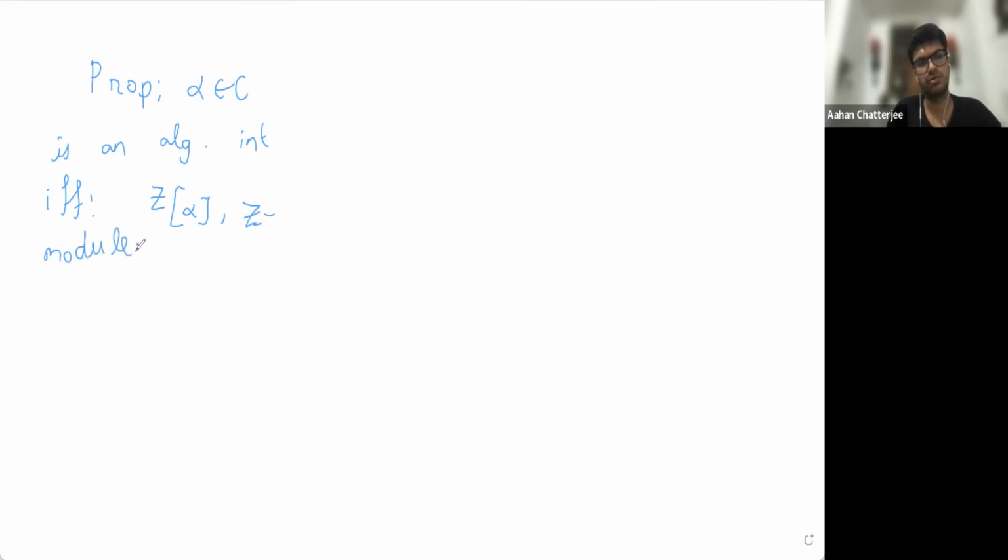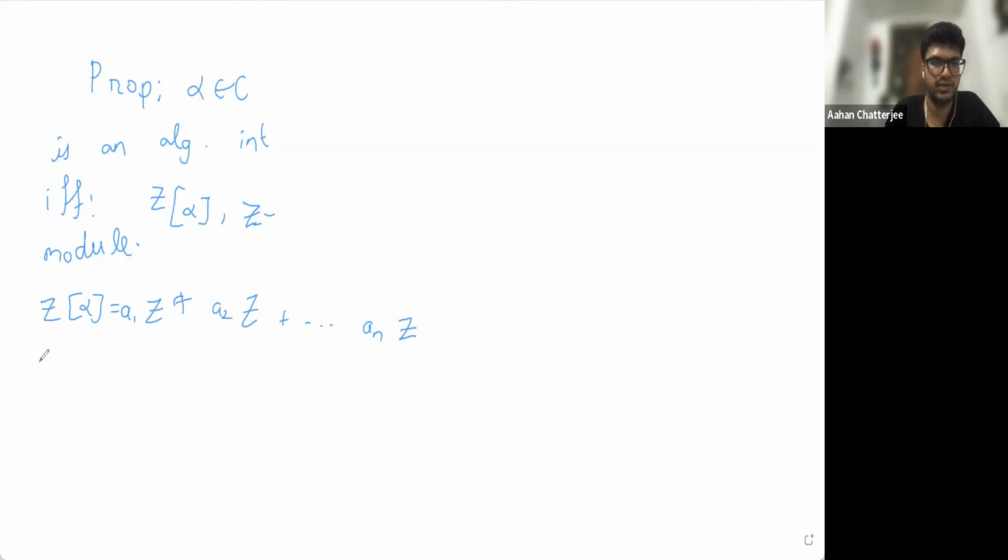Finitely generated Z-module. So what do I mean by this? This is basically saying Z[alpha] is of the form a1Z plus a2Z, and so until anZ.